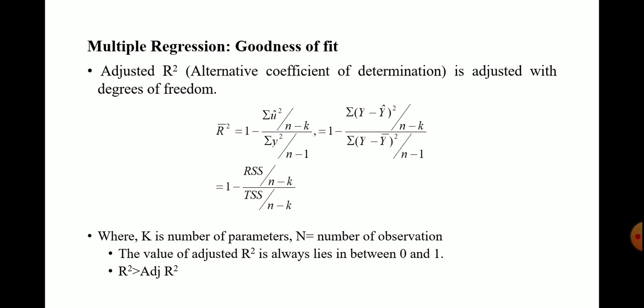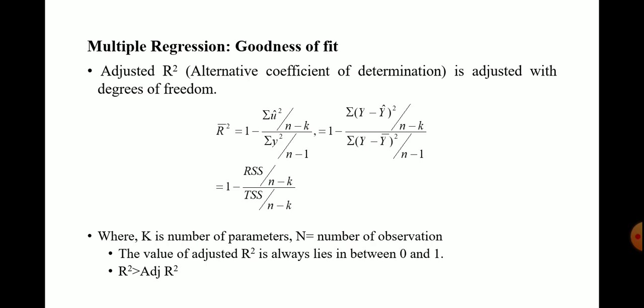So that's all about the multiple regression model. In the session on econometrics we have discussed what econometrics is and the methodology of econometrics, including in detail what the econometric model is.